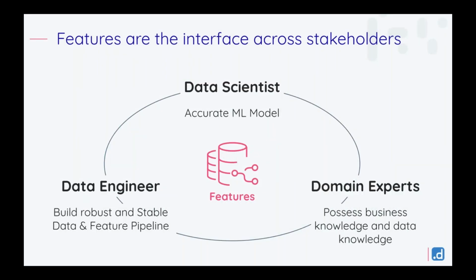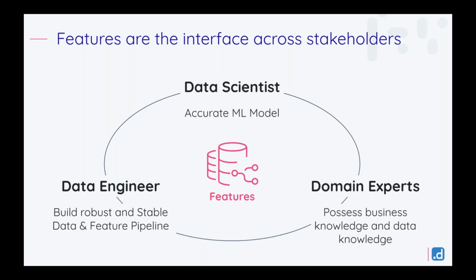And with this, I want to start by making this statement: in most enterprises, features are at the interface across different stakeholders. And this is not exaggerating, if you look at who is involved in this process. Domain experts, they know their business. They know their data. They know what the key information is that they want to use in driving their business actions, and that is features.